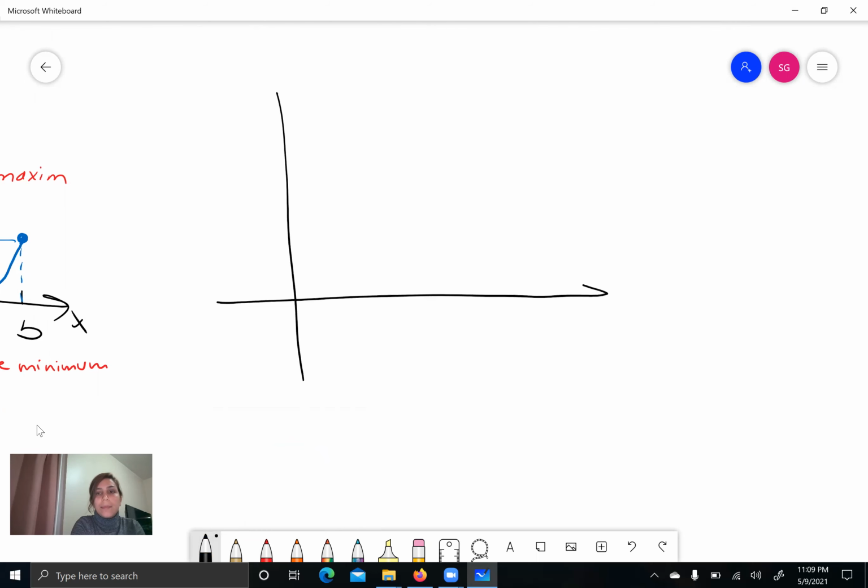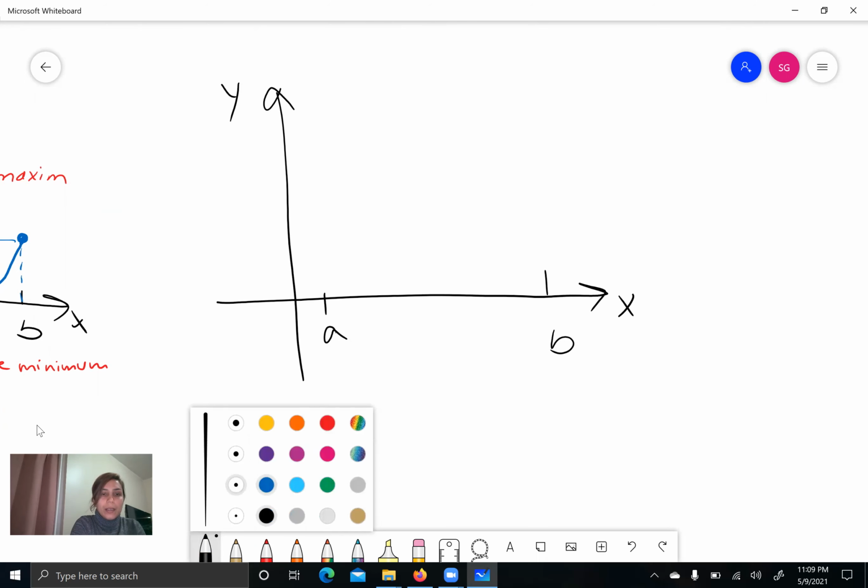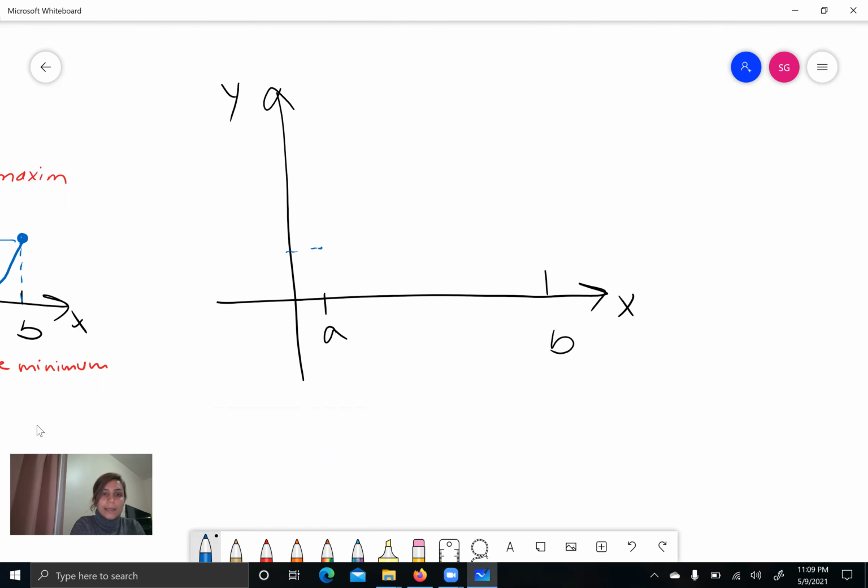Let me give you another example, something where it's neither at A nor at B. So let's say this is f of A, something like this, for example. Maybe go higher.